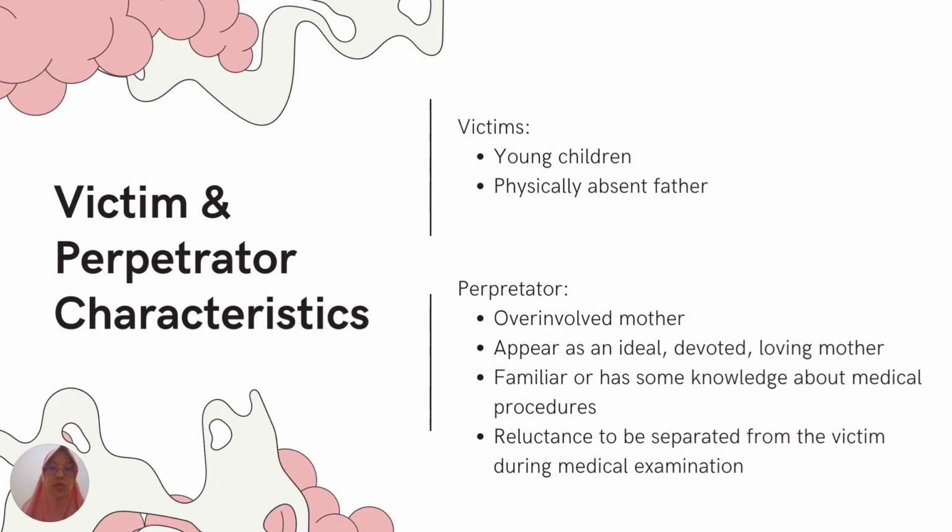As we remember, Didi started to believe that Gypsy has medical issues from a young age, when she was only 3 months old, which is actually younger than the normal age range of 6 months to 8 years old. And due to her parents' divorce, Gypsy also has a physically absent father. Although her father visits her a lot, he is not the primary caregiver. He doesn't have the primary custodial rights.